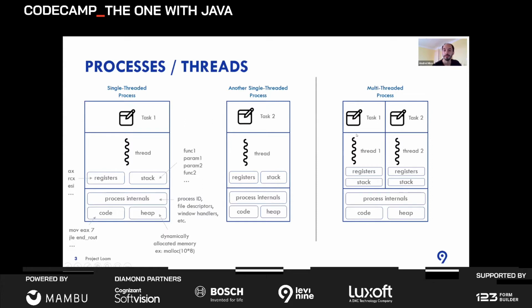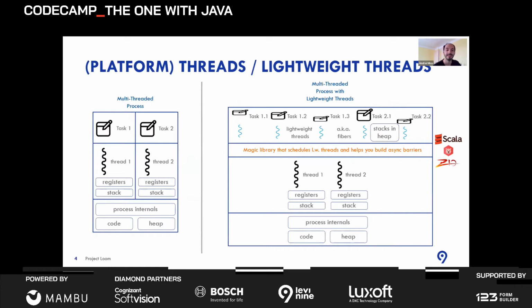And that went well, and it scaled well until it didn't. And it didn't when we wanted to instantiate a lot of threads just to wait for things. Now, for this, in many languages, there have been implementations of lightweight threads.